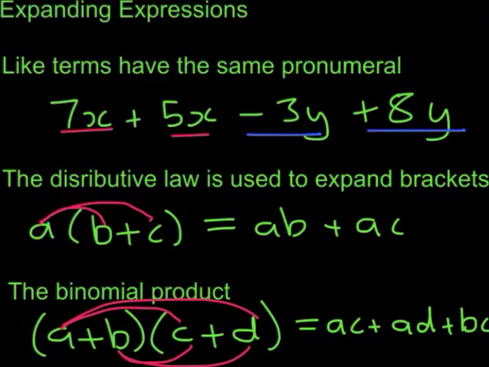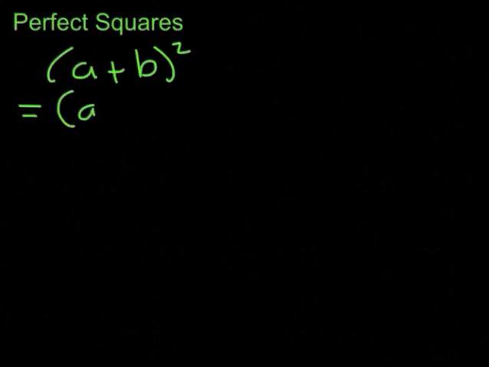Now, there are two really important applications of the binomial product, and they're called perfect squares and also the difference of two squares. With perfect squares, for example, we could have A plus B all squared. That's really the same as saying A plus B times A plus B. It's a perfect square.